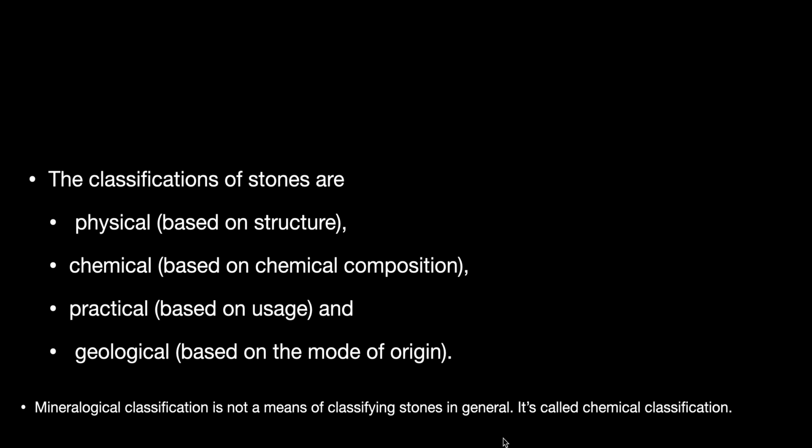Mineralogical classification is not a means of classifying stones, and we have to remember that. We might mistake mineralogical classification for chemical classification, but it's not that. The answer is mineralogical classification. Thank you.